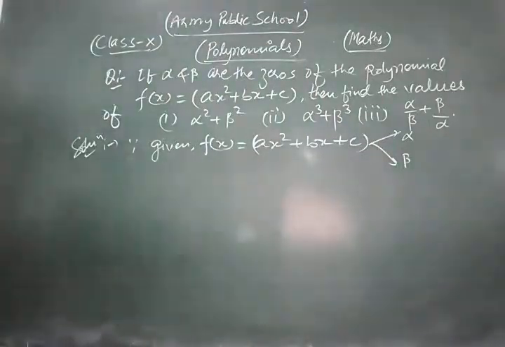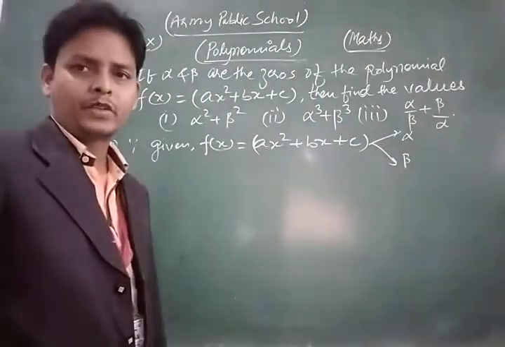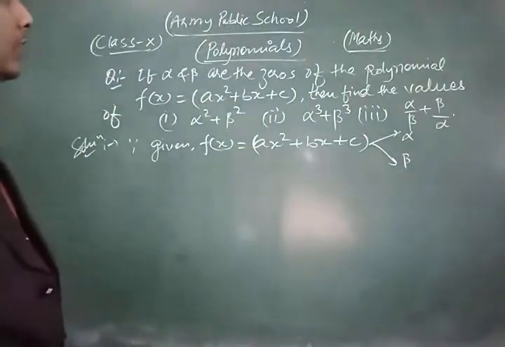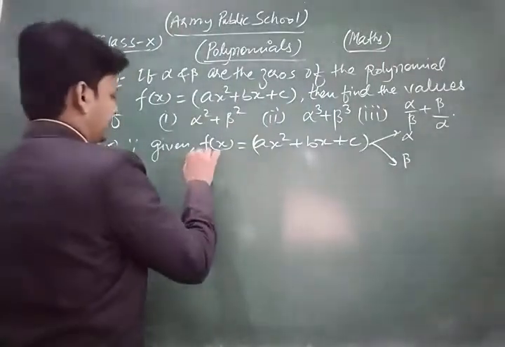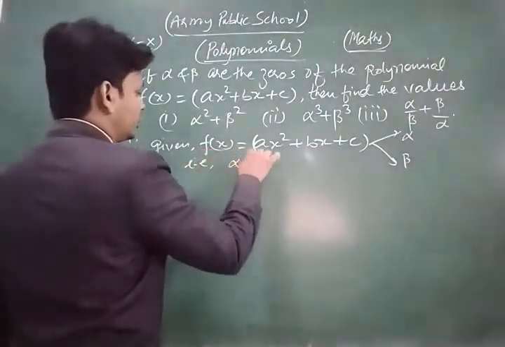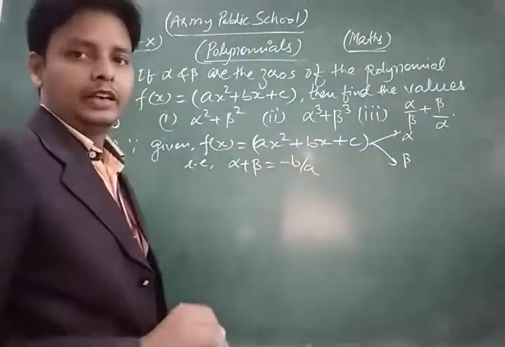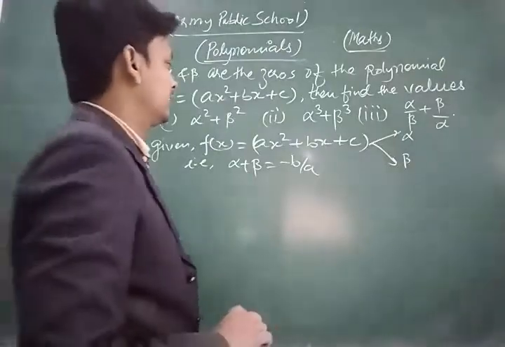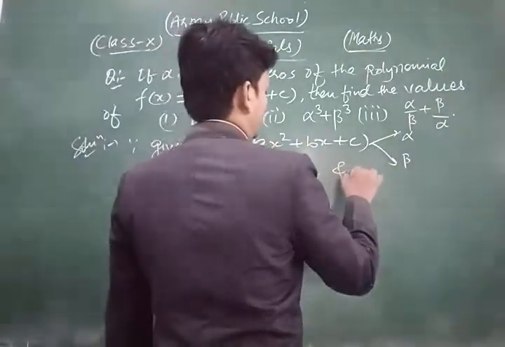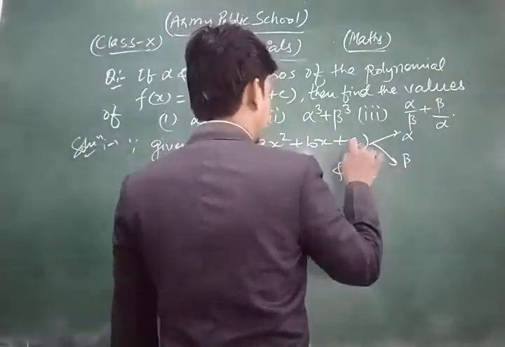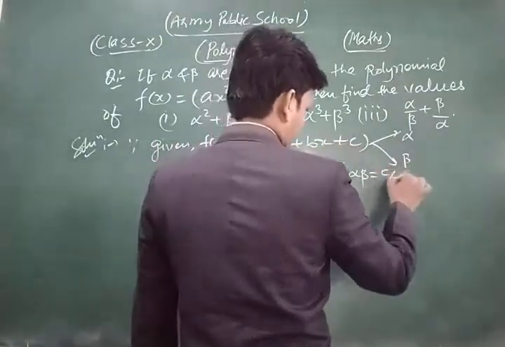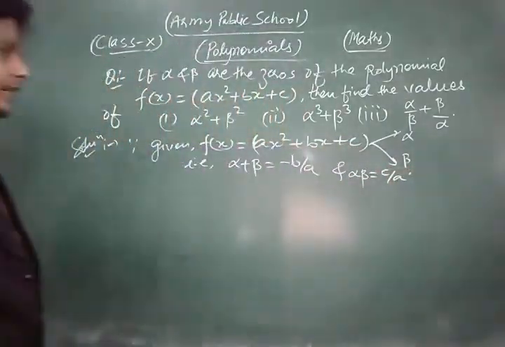Zeros are what? Alpha and beta. Then the sum of zeros is equal to minus b by a, and the product of zeros is what, dear students? The product of zeros, that is c upon a.